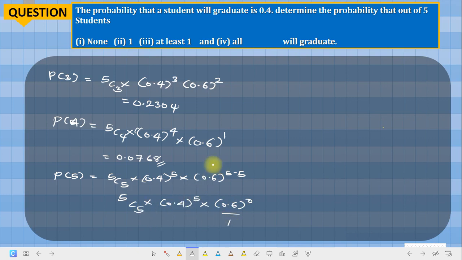So this sums up to be 1. Now when you press your calculator for this, it's going to give us 0.01024.